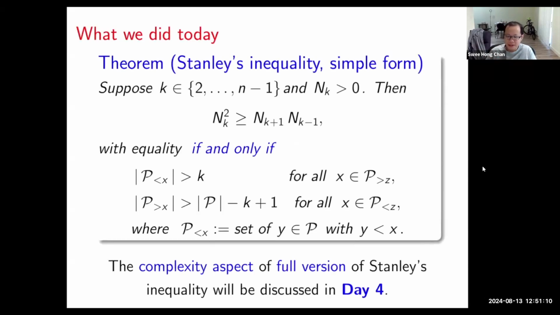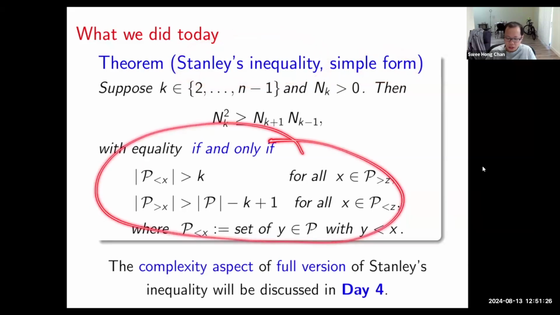For the next day, it will be done by Igor Pak, my co-author. And the preview is that today, what we have done is that we proved Stanley's inequality for the simple case, and we also proved the equality condition.